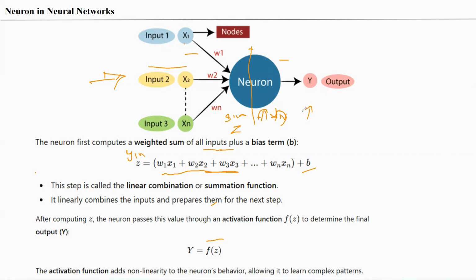We could use a sigmoid or a step function. So it entirely depends on what output is desired. After the activation function processes the value, we get the final output y. This output is sent to the next neuron.